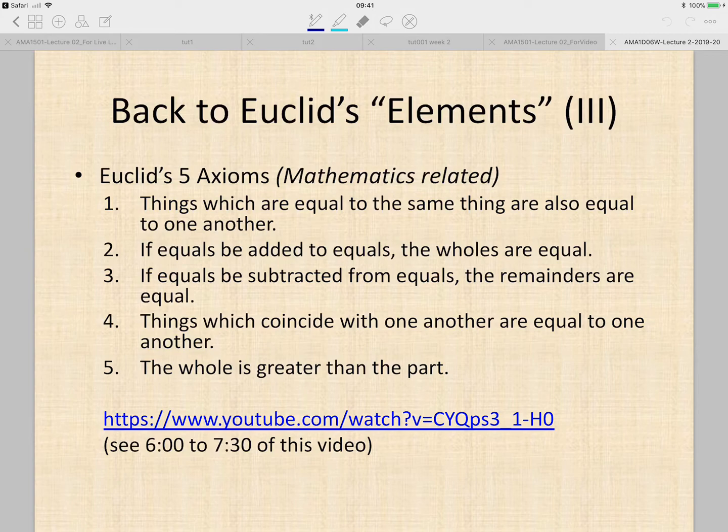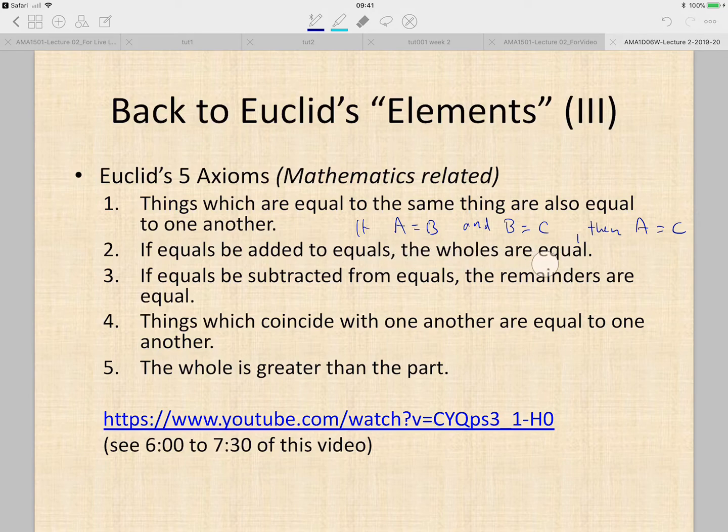Now here are Euclid's 5 axioms, listed as follows. So, for example, number 1: things which are equal to the same thing are also equal to one another. This is basically mathematics related. So basically, if A is equal to B and B is equal to C, then A is equal to C. If equals are added to equals, then the wholes are equal.